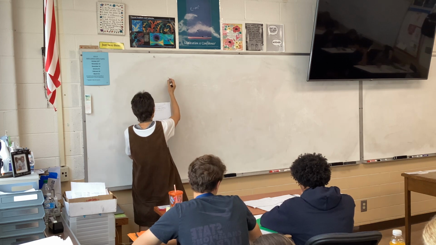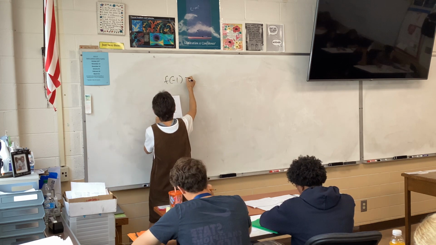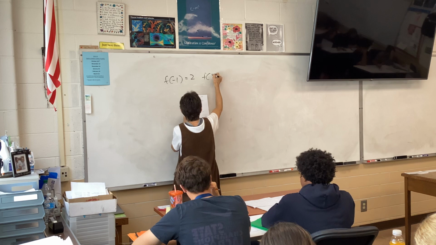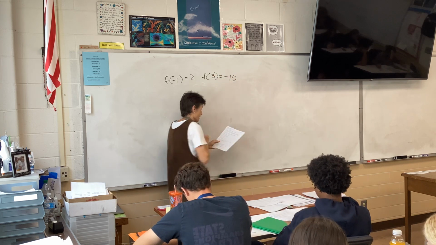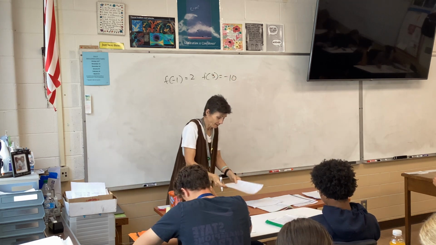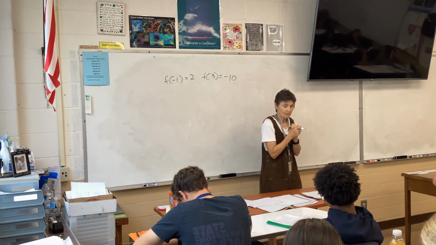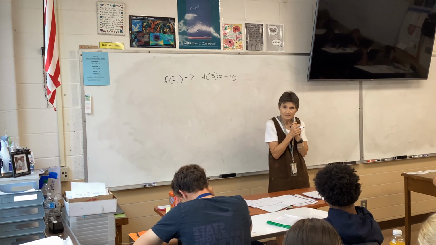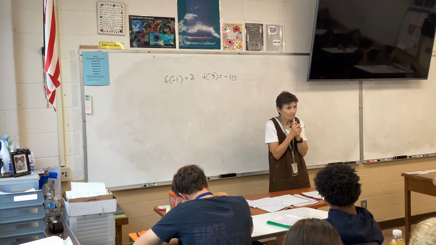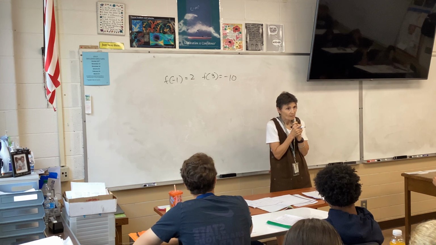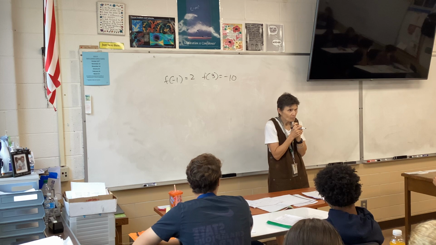Write the equation of a linear function given this. I love this problem because you'll read it and you think, oh, it's hard, but no, it's not. You've done this since you were like freshmen. What are we doing?